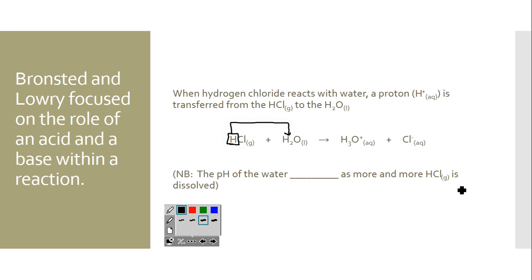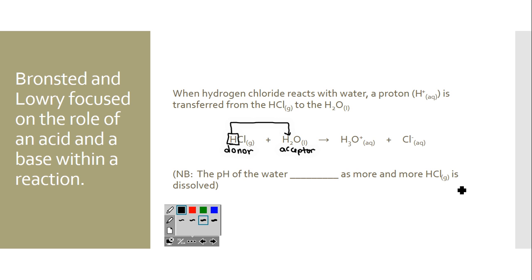So if we look, HCl is a proton donor, and water is a proton acceptor. And this is what you have to be able to do. You have to identify which substance donates the proton and which one accepts them.